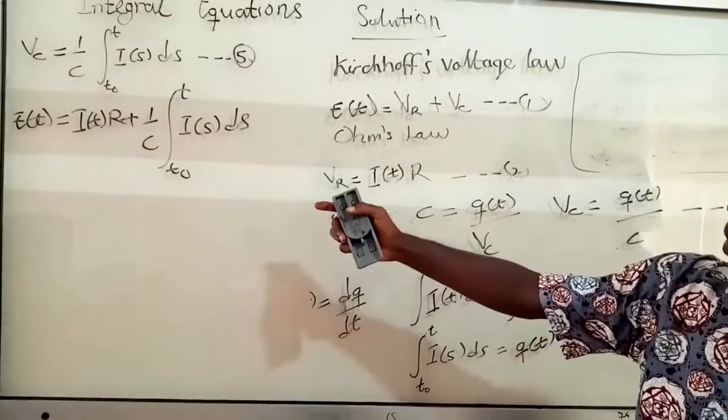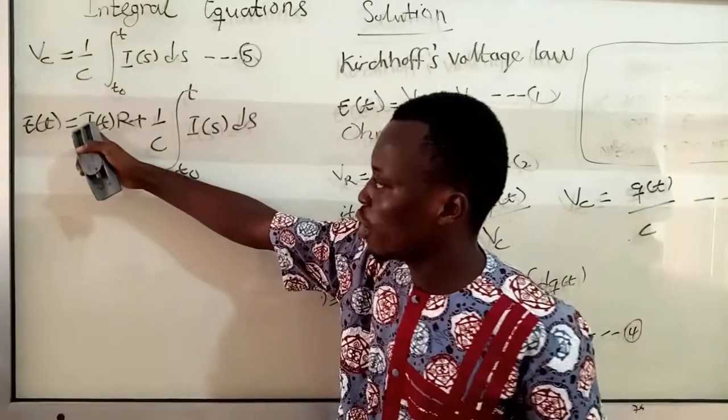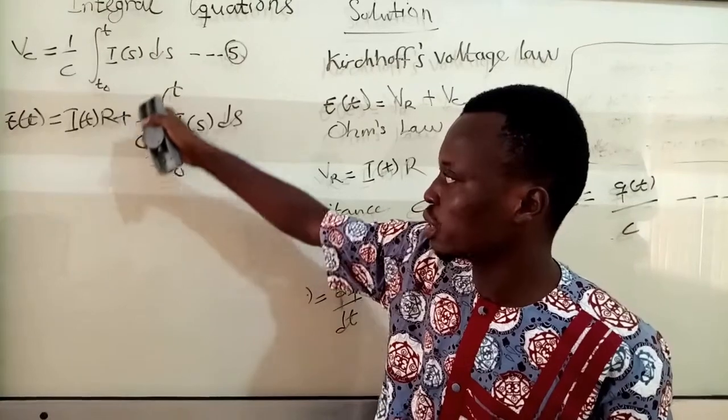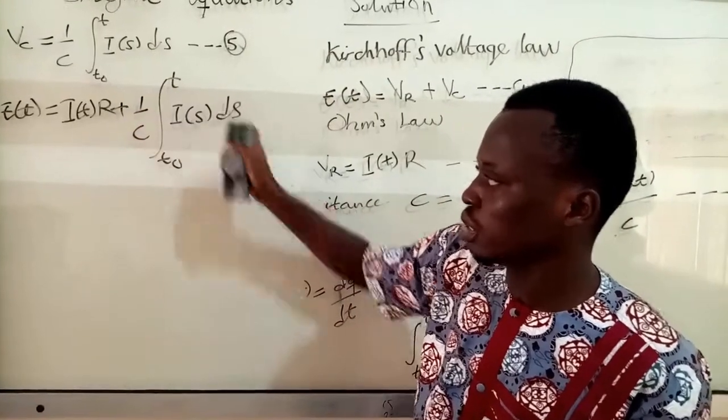So this is the equation we have: E of t is equal to I of t R plus 1 over C integral from t naught to t of I of s ds.